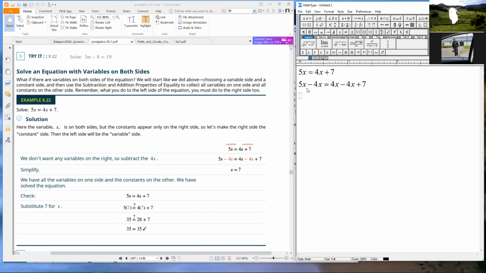So it goes away from here, and here we have 5x minus 4x. We're just left with x equals 7. Right, 7. Okay.